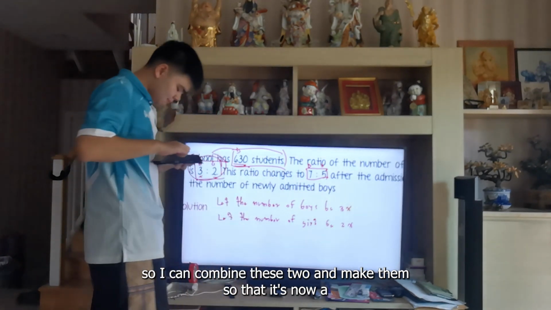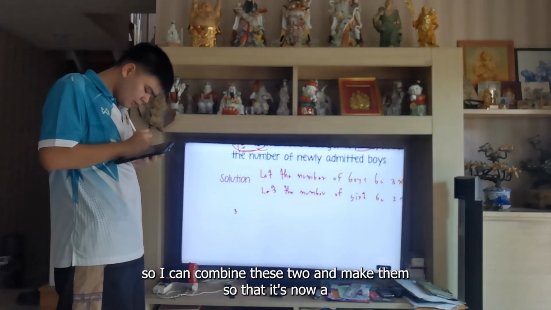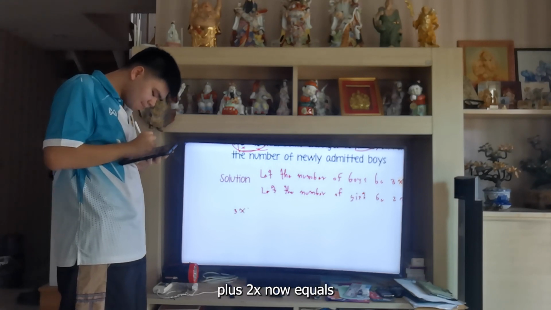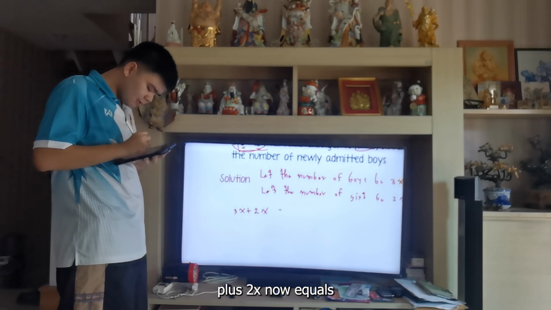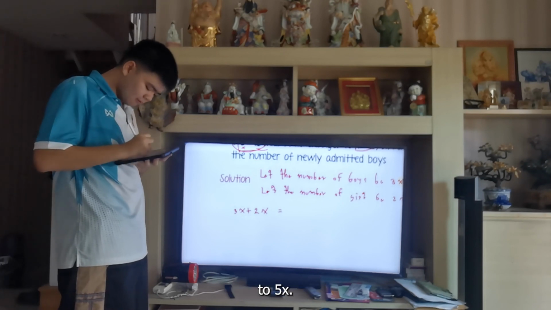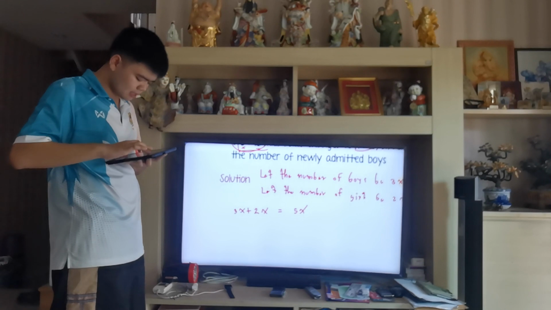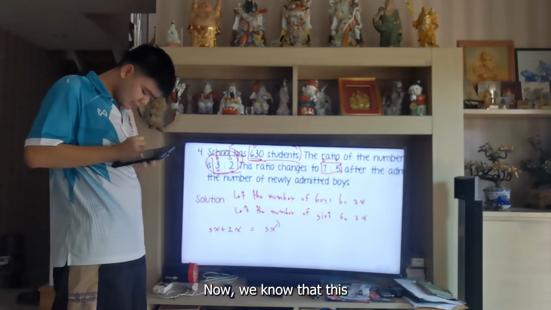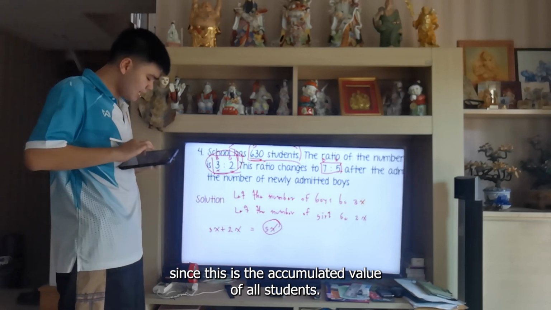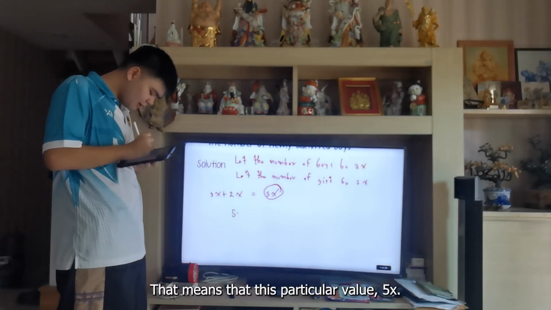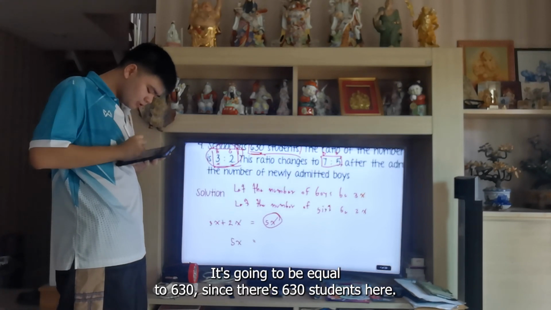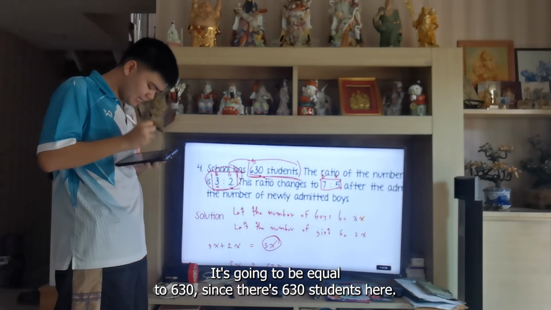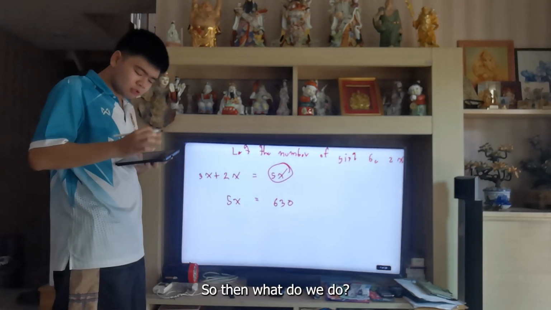So it's now 3x plus 2x, which equals 5x. Now, since this is the accumulated value of all students, this particular value, 5x, is going to be equal to 630, since there are 630 students here. So then, what do we do?